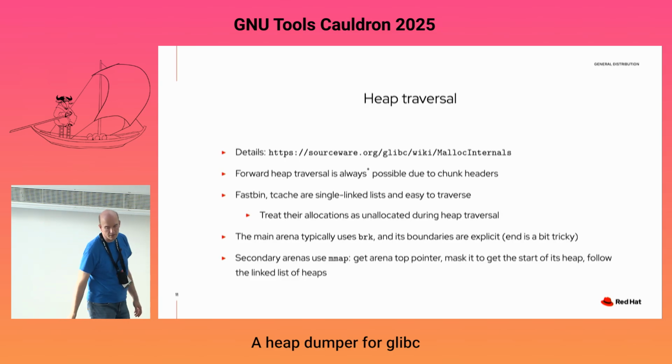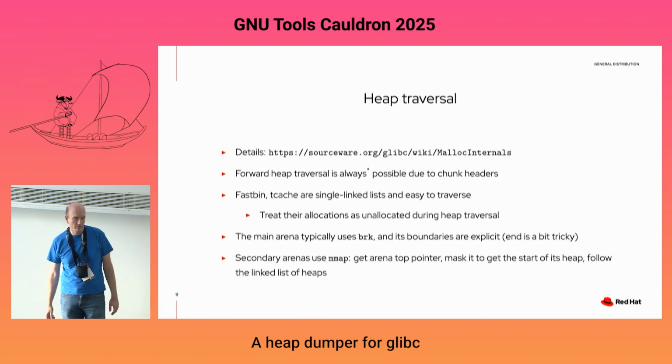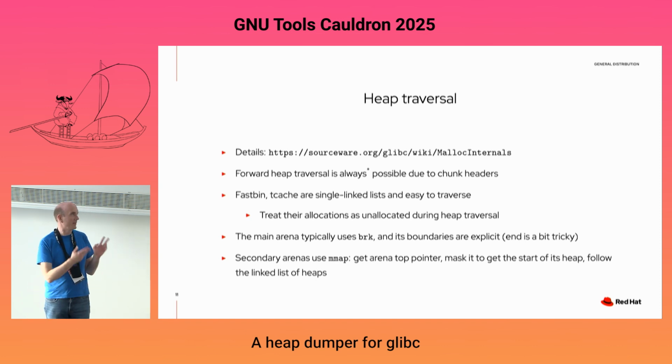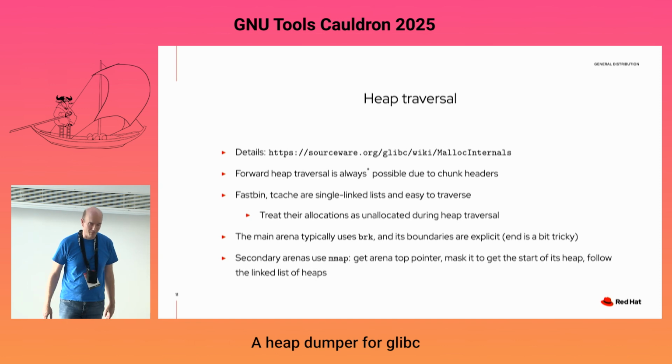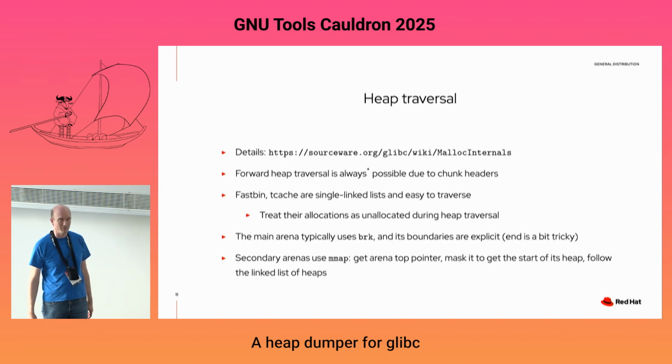Fastbin and tcache are singly linked lists and easy to traverse. Fastbin is not unbounded, so in theory the heap dumper can use a lot of memory, but in practice it is a few thousand list entries, even in extreme cases, so that doesn't seem to be a problem so far.